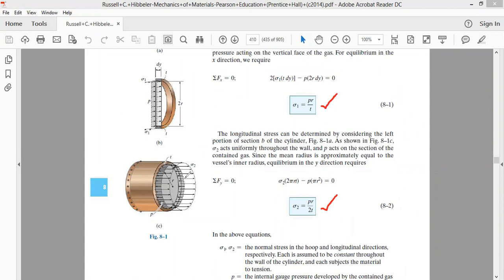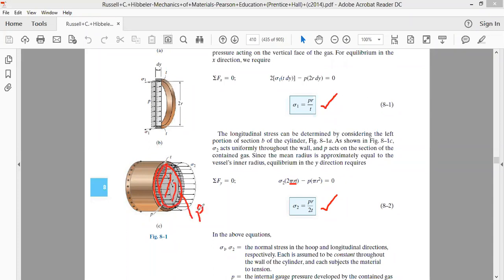Now the resisting area is equal to 2 pi r into T. As far as the internal pressure is concerned, if you take the projected area, that is pi r square. On this internal area, the fluid pressure is constant, that is P.